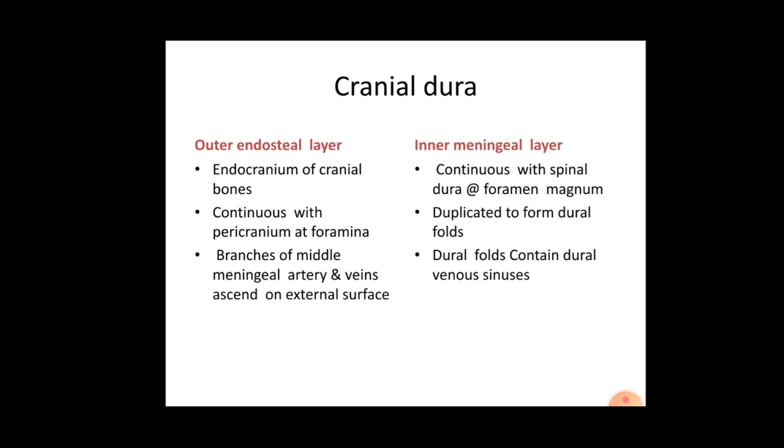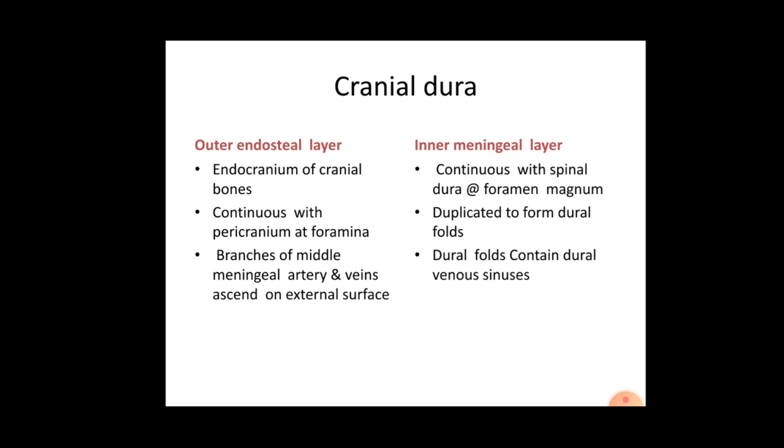The endosteal layer is intimately related to the endocranium of the cranial bones, and it is continuous with the pericranium at all the foramina, and also at the foramen magnum. The branches of the middle meningeal artery and the veins ascend on the external surface of this endosteal layer.